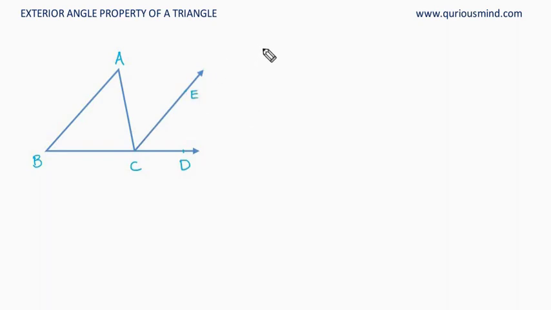So what we have done is we know AB is parallel to CE. Now consider transversal AC. So if I am considering AB and CE parallel, and I have a transversal AC, that gives me that this angle and this angle are alternate interior angles.